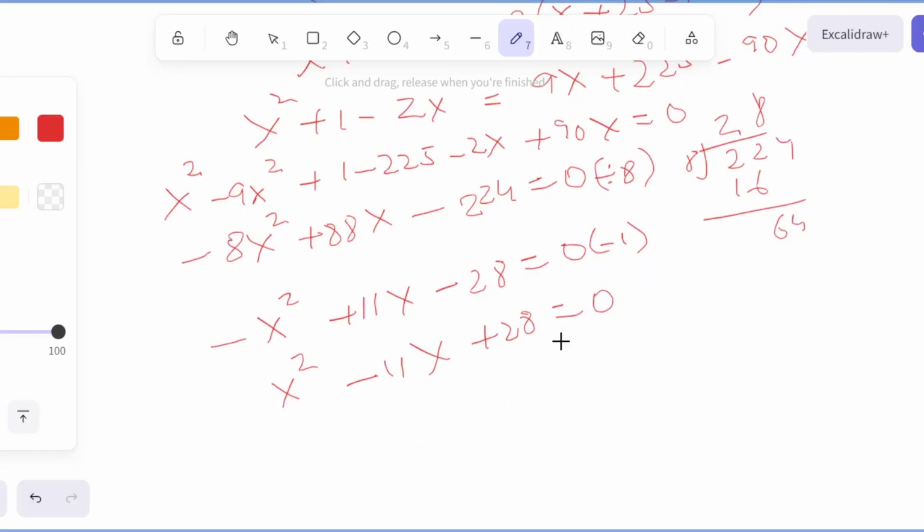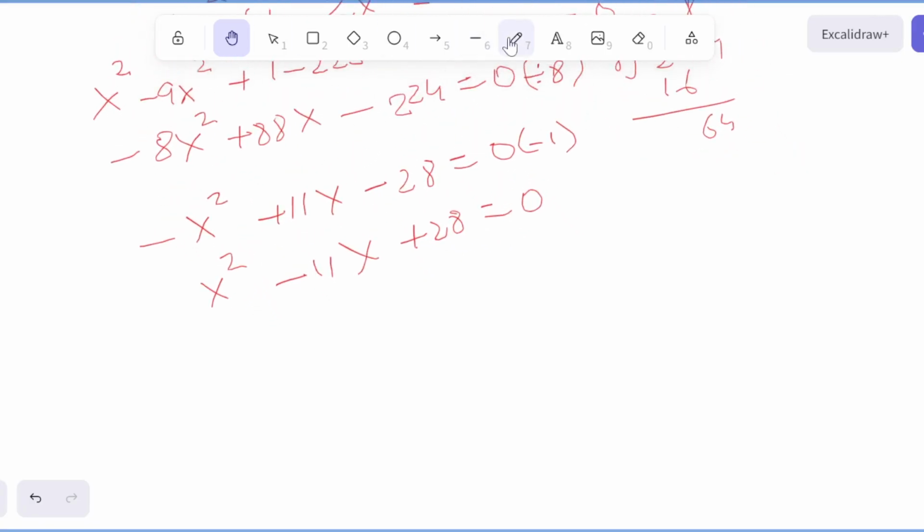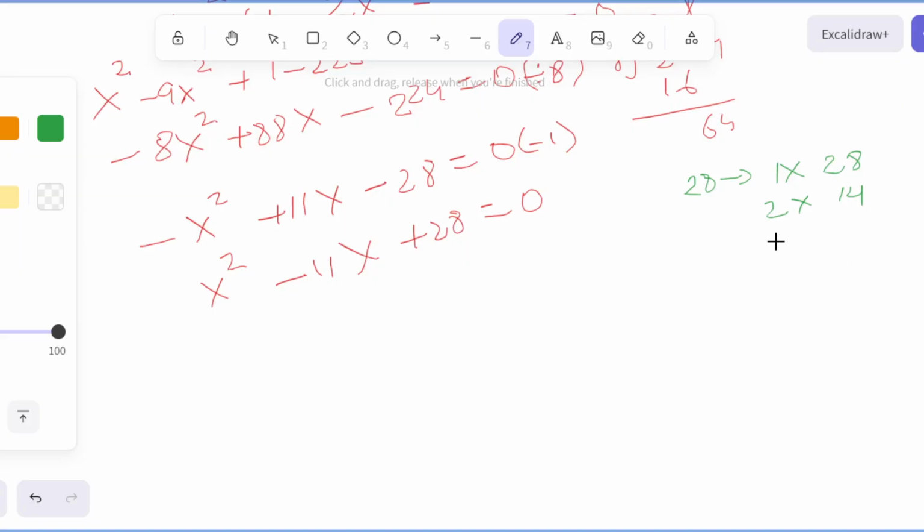Now again we can use the quadratic formula, or if you want to use splitting the middle term, that also can be used. But you have to figure out two numbers which add up to minus 11 and when multiplied give 28. 1 into 28, 2 times 14, or 7 times 4. I think that will work.